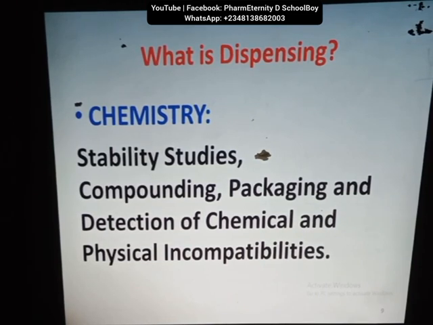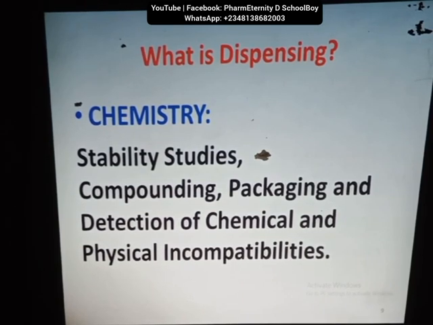Chemistry will also help you to know the basic principles in compounding. If you don't know chemistry, you'll not be able to achieve that, because it's from chemistry that you realize that a mixture is a combination of different components, and these components are not reacting chemically.